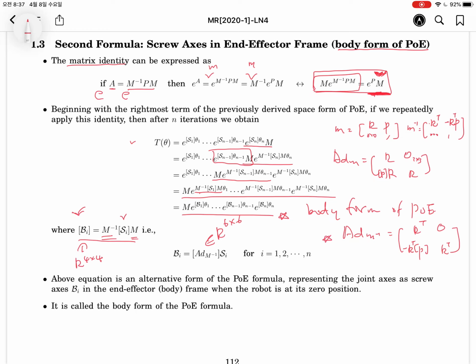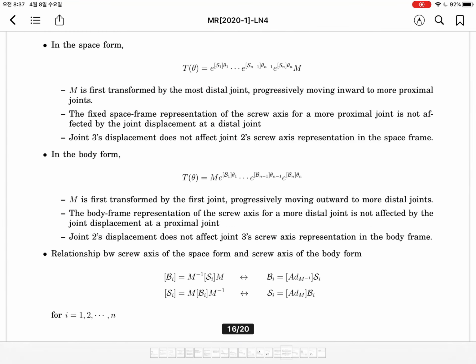Okay, so this kind of inverse adjoint map is used to change from the space to the body joint. Okay, the above equation is the alternative form of a POE representing the joint axis as a screw axis B_i in the body frame. Okay, the robot is at zero position.